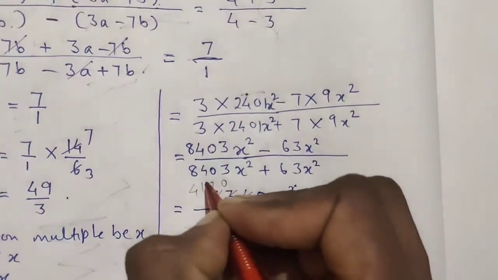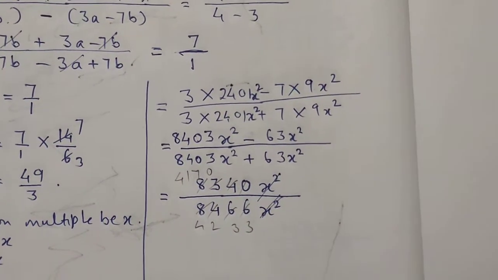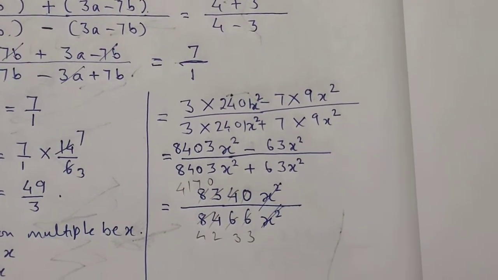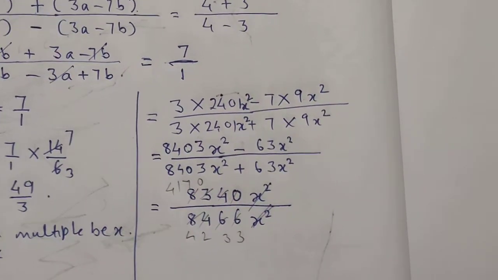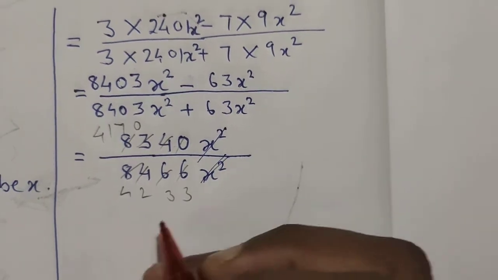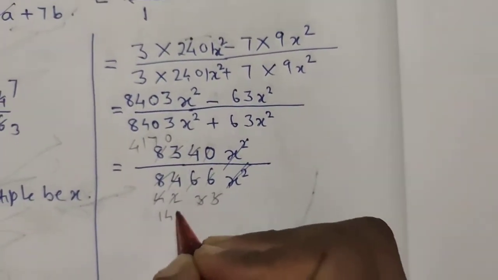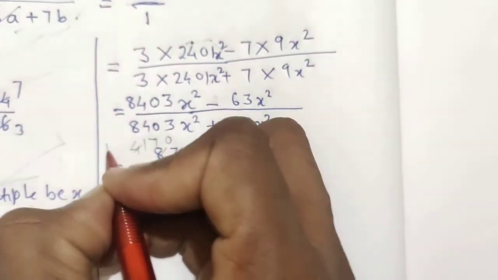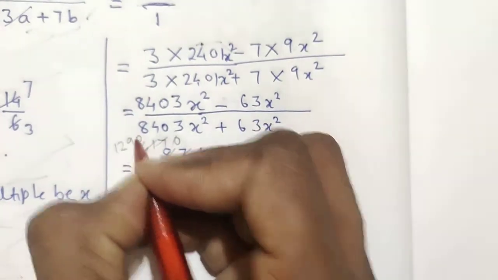And here 2 fours are 8, 2 twos are 4, 3 and 3. Now let me see by which I can divide it. 3. Now let us do cancellation by 3. 3 ones are 3, 3 fours are 12, 1, 1. Here also 1, 2, 9, 0.